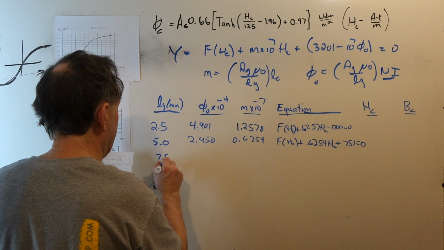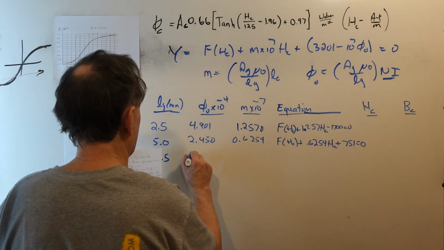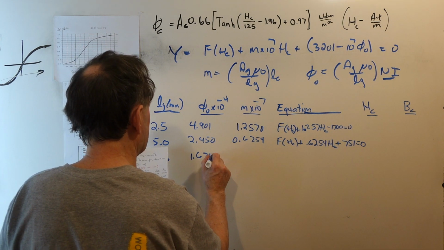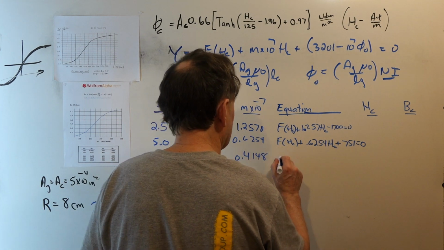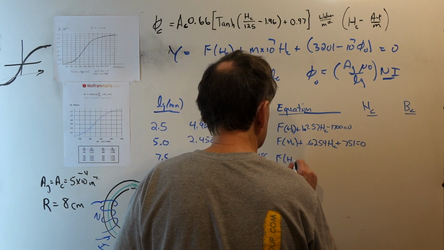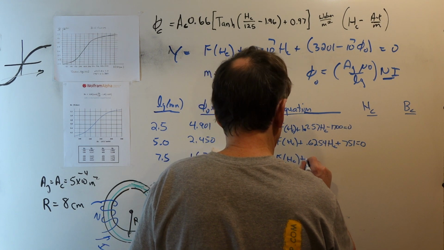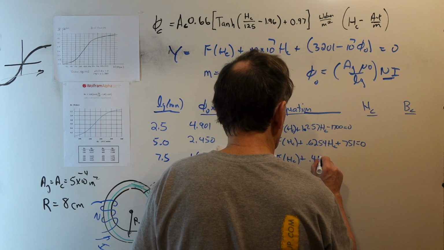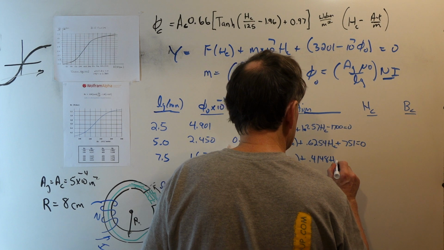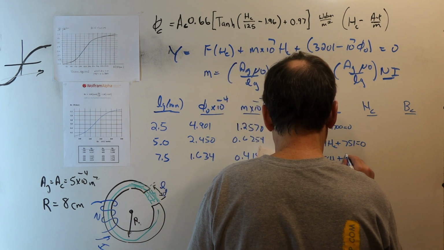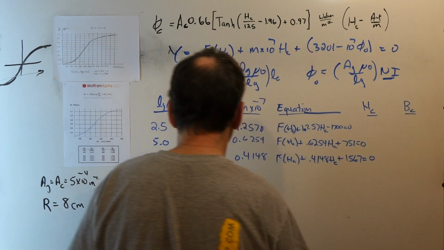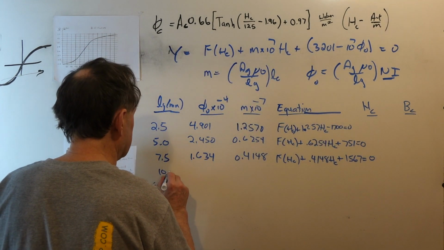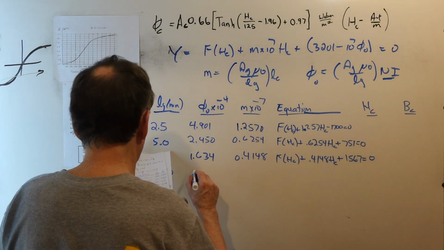For a 7.5 millimeter gap, this is 1.634, 0.4148. The equation is F of HC plus 0.4148 HC plus 767 equals 0.